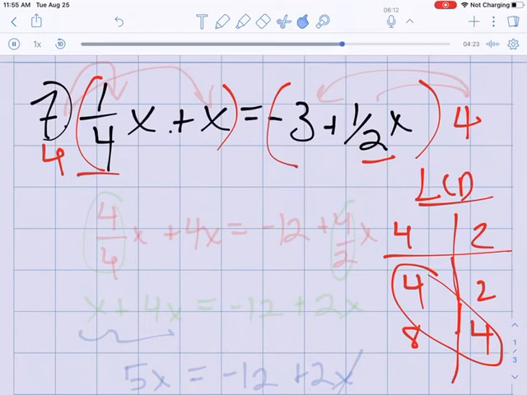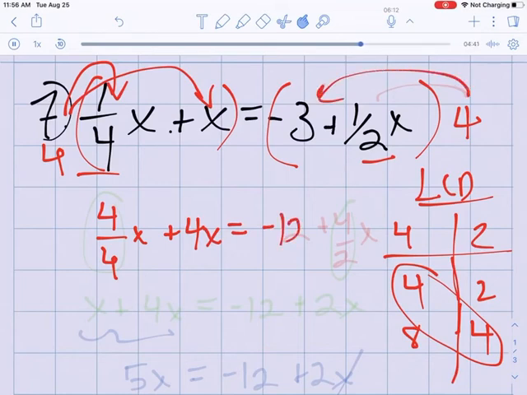So when I distribute 4 to 1/4 x, I get 4/4 x, and then 4 times positive x is going to give me plus 4x equals 4 distributed to that -3 gives me -12. And then 4 distributed to that 1/2 x is going to give me plus 4/2 x.